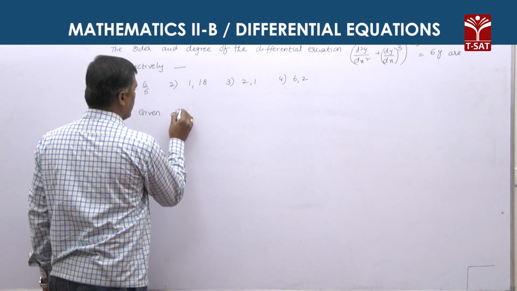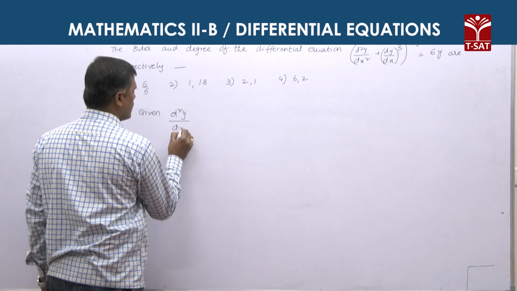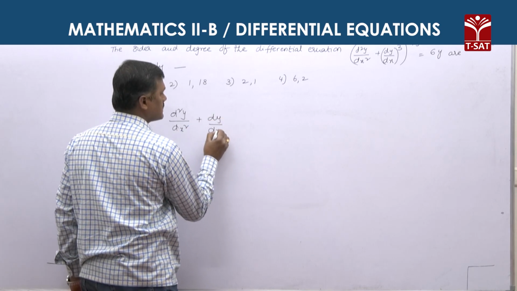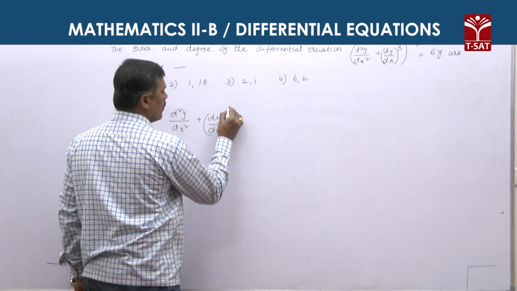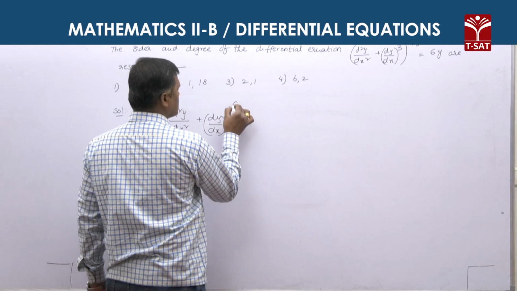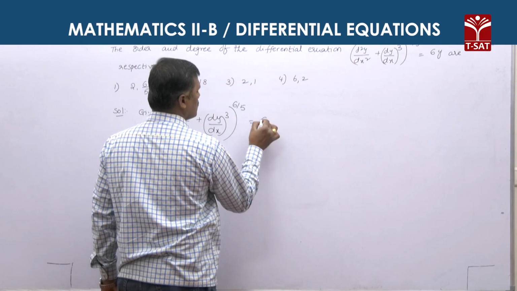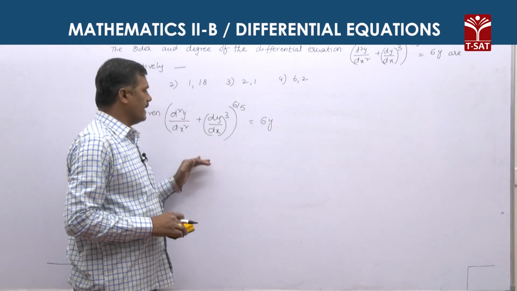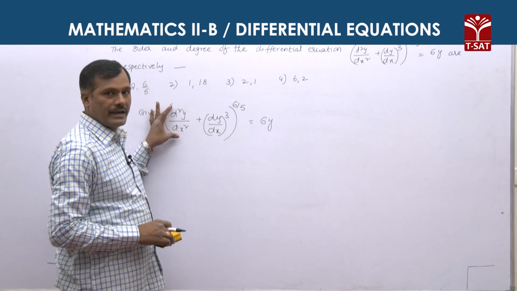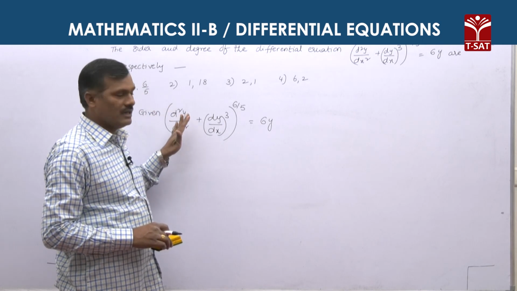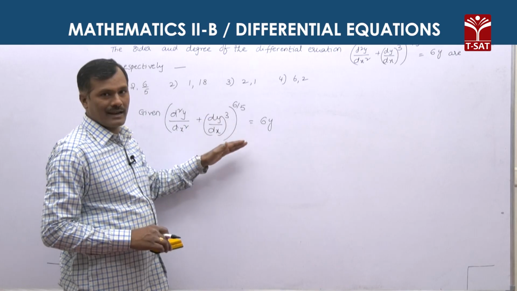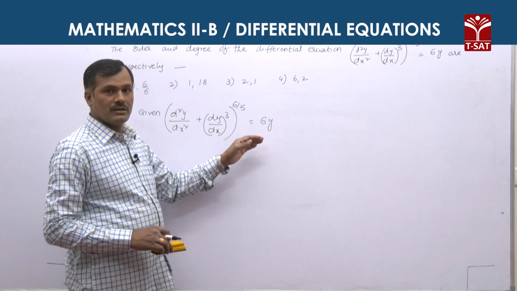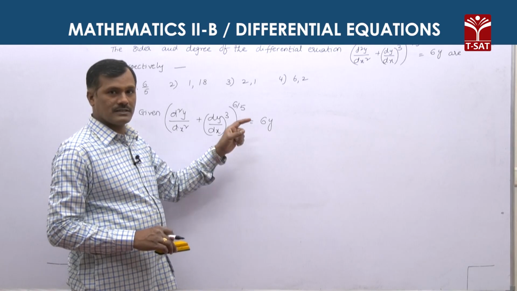Given differential equation d square y by dx square plus dy by dx whole cube whole power 6 by 5 is equal to 6y. We have to observe here that differential derivatives should not contain fractions or radical signs, but x, y variables may contain either root functions or fractions.